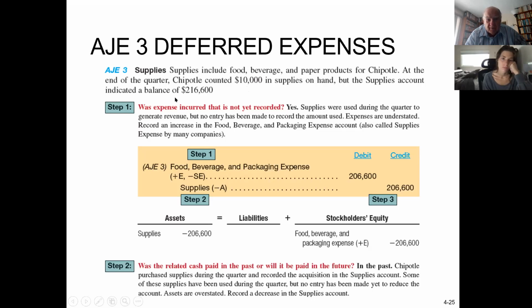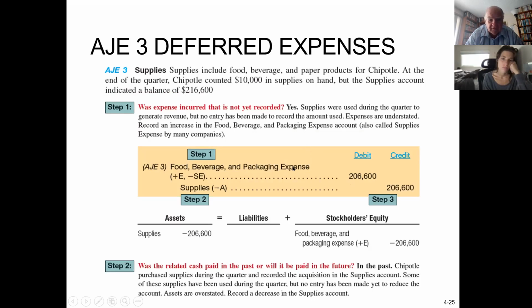They look at their trial balance. The trial balance said they had 216,600. They went back and they counted 10,000. So therefore, the expense to record is here.